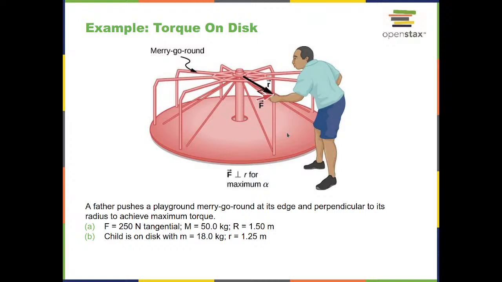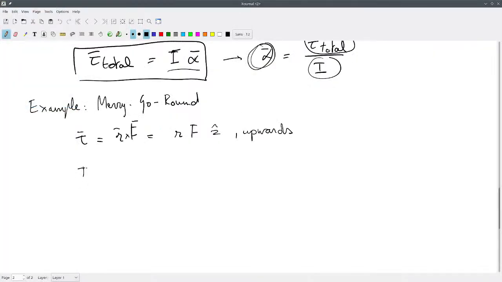So it's pointing in the upwards direction. Now the next part was our moment of inertia. We have our M and our R, the mass and the radius of the disk. We could go back to that table and find, for a uniform solid disk, what the moment of inertia is. What you would find is that I, in this case, is 1/2 MR squared.